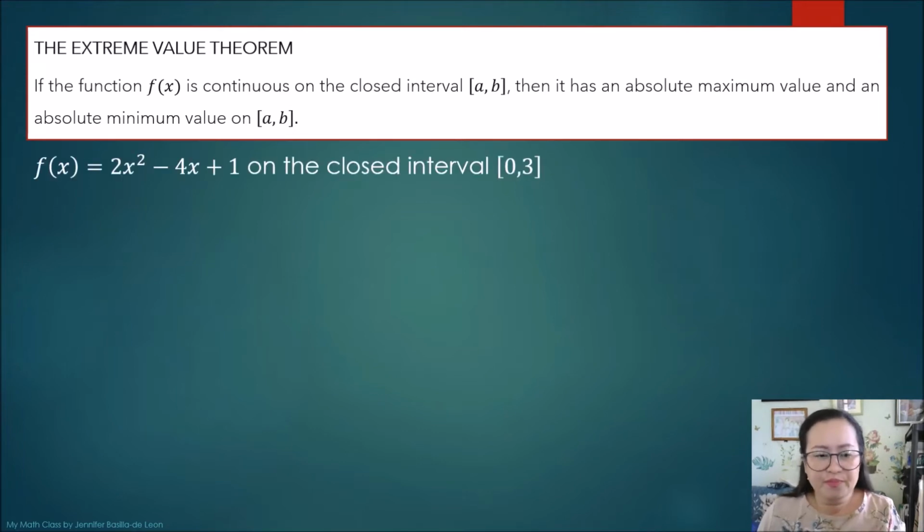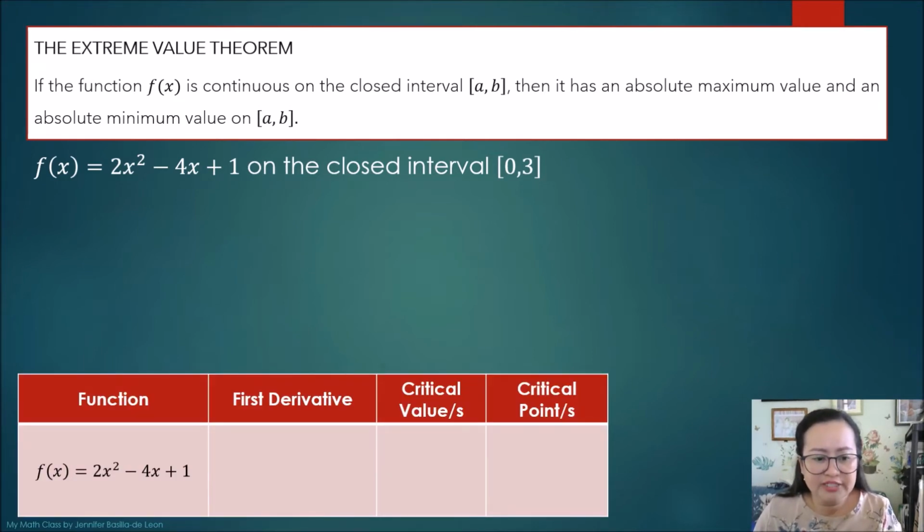Consider the given: f(x) equals 2x squared minus 4x plus 1 on the closed interval from 0 to 3. Based on this theorem, we can find an absolute maximum and an absolute minimum value on the interval 0 to 3.